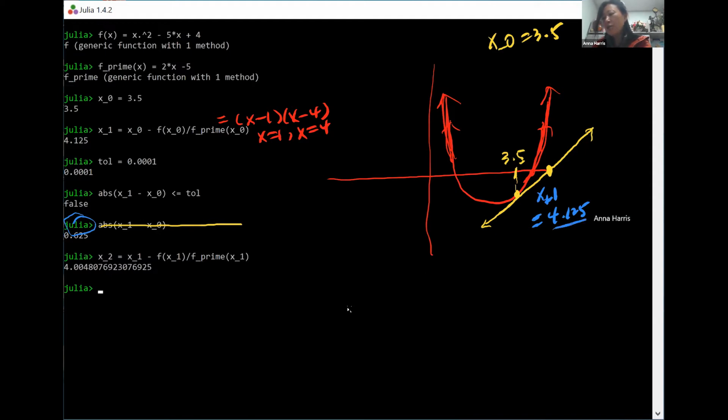So I'm going to do my Newton's method again. I come over here and draw myself a tangent again. Excuse me, I'm not drawing my tangent well. So let me draw myself a tangent. Oops.